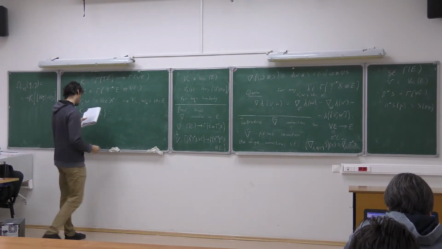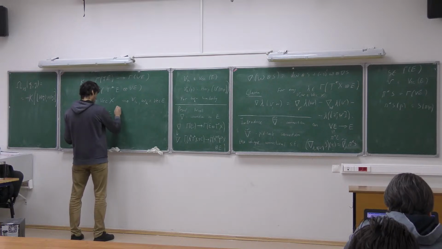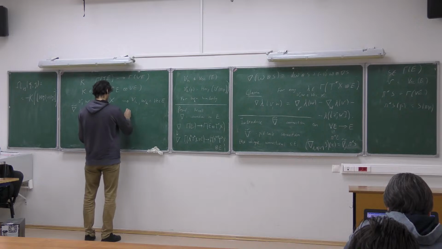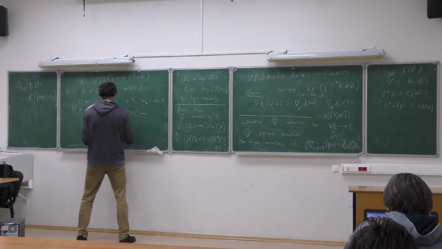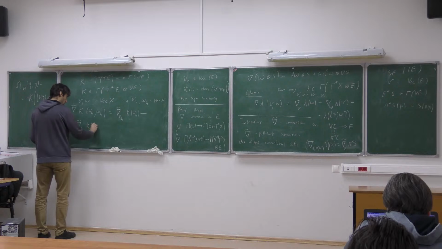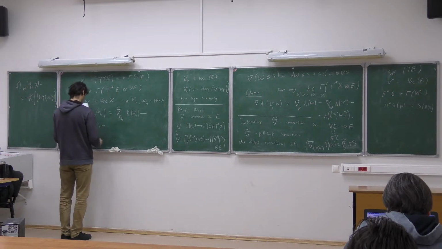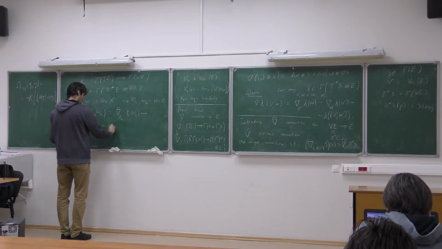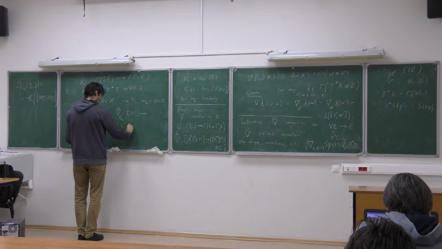This will give me nabla tilde of V^H applied to K of W^H, minus nabla tilde of W^H applied to K of V^H, and minus K of the commutator of V^H and W^H.